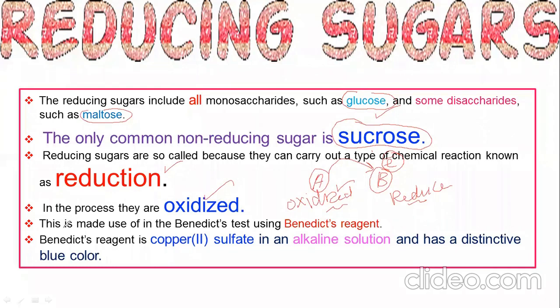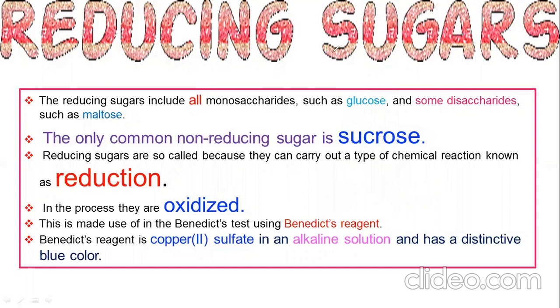To whom will it give electrons? Let's see. This is made use of in the Benedict test using Benedict reagent. Benedict reagent is actually copper sulfate in alkaline solution, having a distinctive blue color. What is in blue color? Benedict solution. Right? Let me repeat once again. We have two types of sugars: one reducing sugar, another non-reducing sugar.